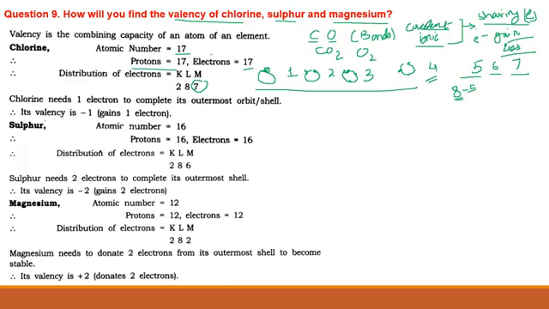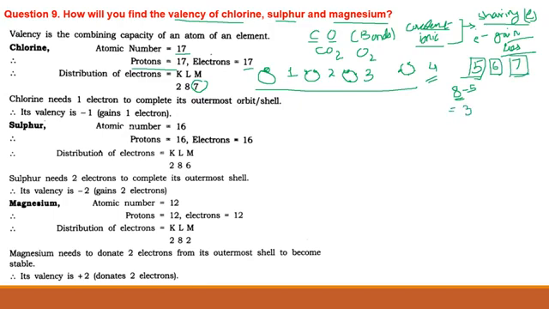Why have I taken 8? Because 8 is the maximum number of electrons that can be accommodated in the outermost shell. Any element cannot afford to lose 5 electrons, neither 6 nor 7. So in this case, valency is 8 minus 5, which is 3.